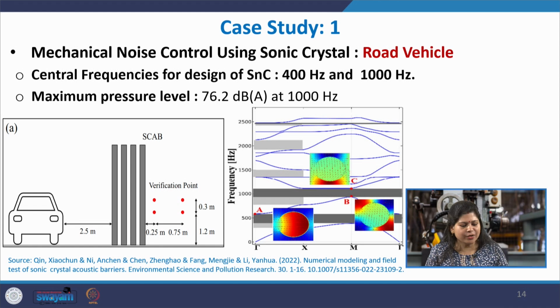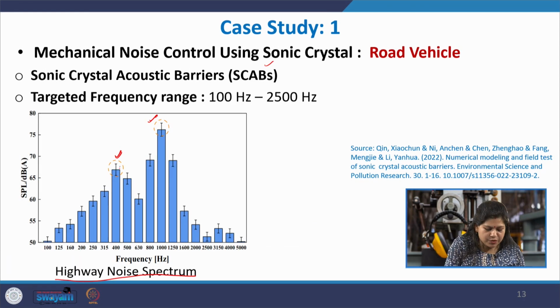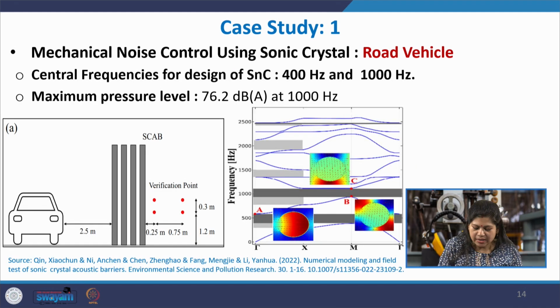You can see the band gaps. The first is centered around 400 Hz, the second around 1000 Hz. So, they designed the sonic crystal so that the first band gap was centered around 400 or 500 Hz, and the second band gap around 1000 Hz.